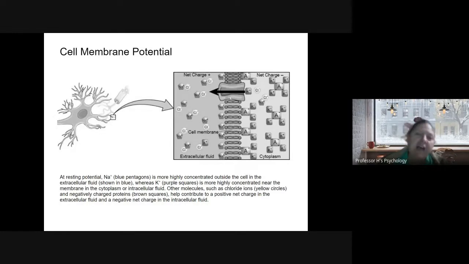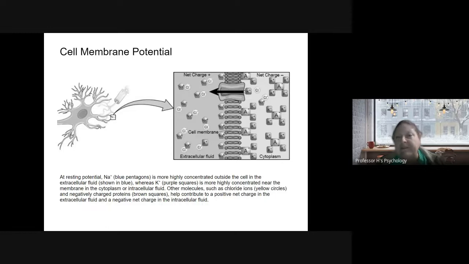Like they just go flying out to try to bring that cell back to homeostasis, which would be that -70 millivolts. So they're trying to recover from -55 millivolts to get back to -70 millivolts. So a ton of these positively charged potassium ions zip right on out of the cell.